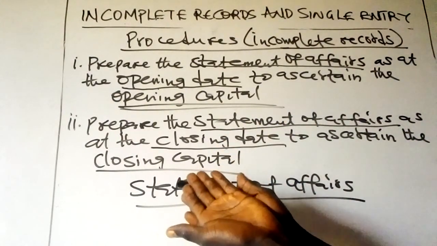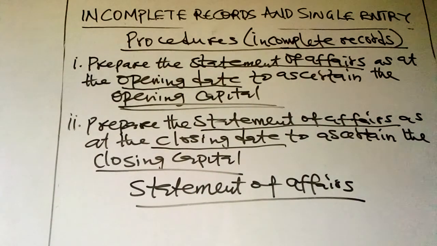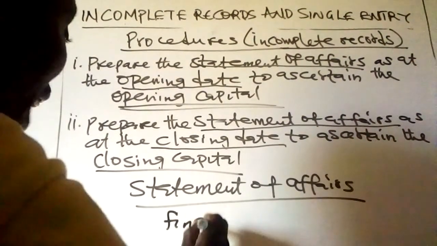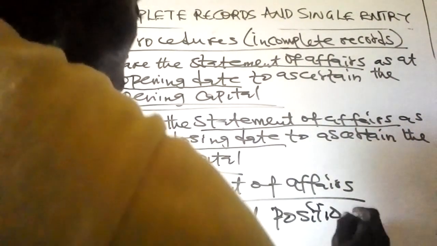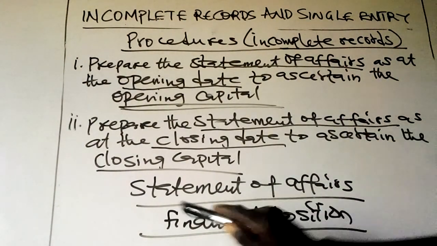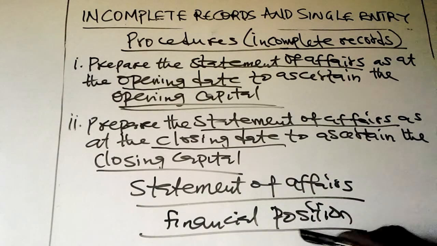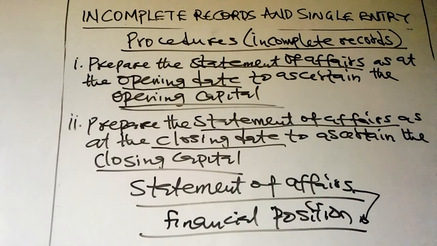So, meaning that statement of affairs is the carbon copy of the statement of financial position. When you copy it on carbon paper, the carbon copy of the statement of financial position is said to be the statement of affairs.